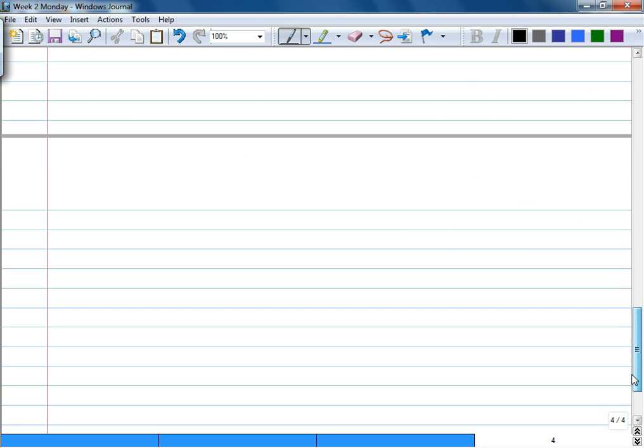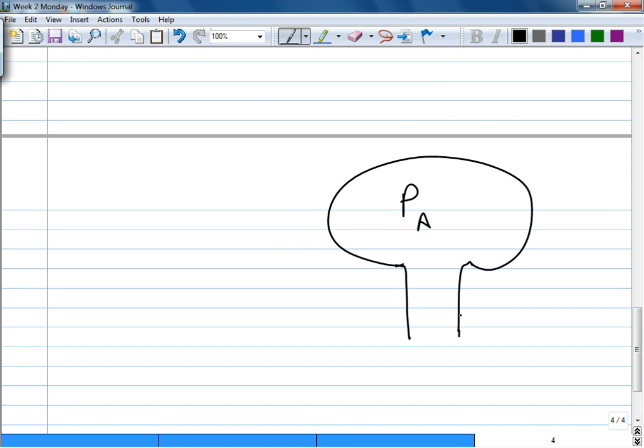So let's see here. Chamber. PA, pressure A, say. Let's say inside here is all water. Again, maybe this is a pipe, maybe this is some water tank or whatever.